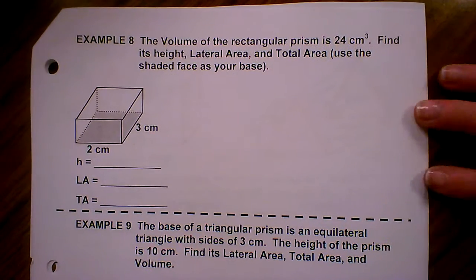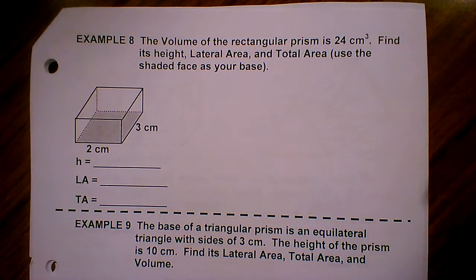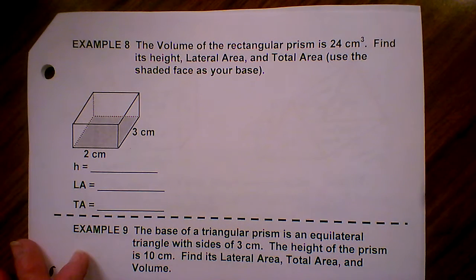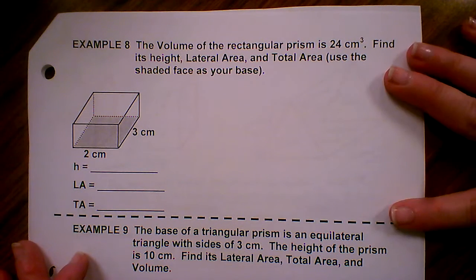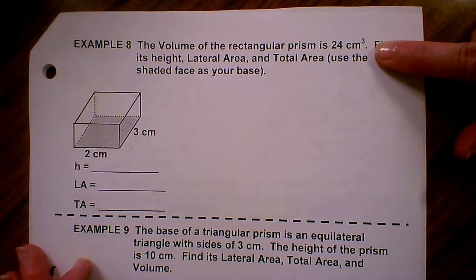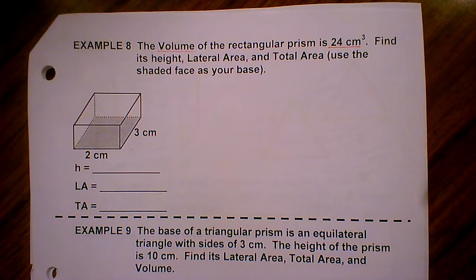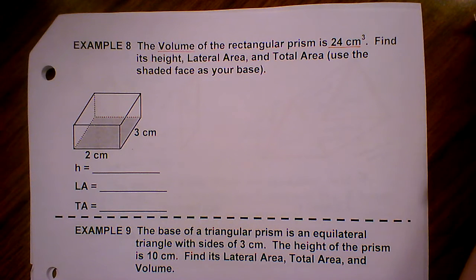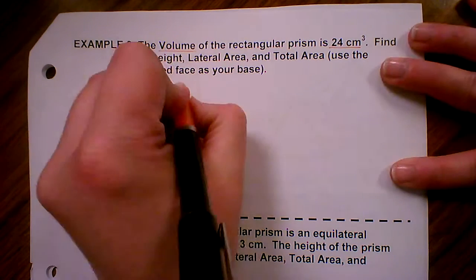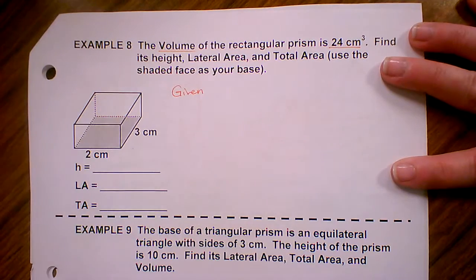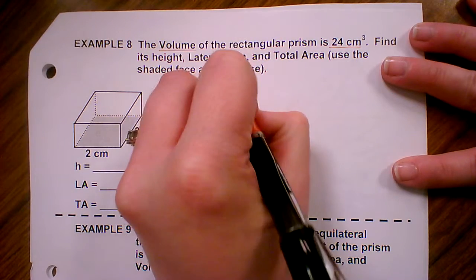Right, in example 8, this is a problem where we have to work backwards. So we have to look at what we're given. The volume of a rectangular prism is 24 cubic units, or cubic centimeters. Find its height, lateral area, and total area. So we're given volume.